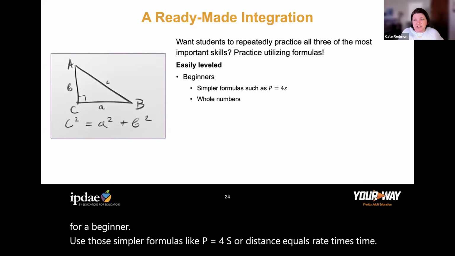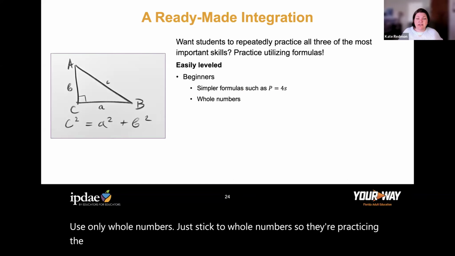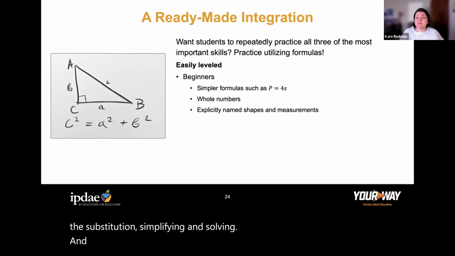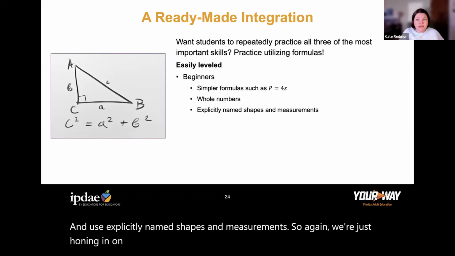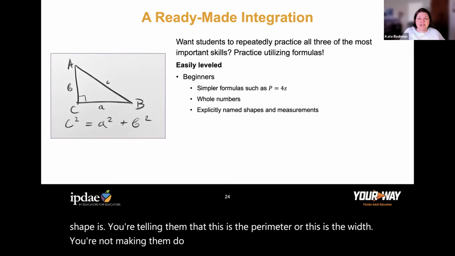Use only whole numbers. Just stick to whole numbers so they're practicing the substitution, simplifying, and solving. And use explicitly named shapes and measurements. So again, we're just honing in on the one skill, but you're telling them what the name of the shape is. You're telling them that this is the perimeter or this is the width. You're not making them use their word problem interpretation skills yet.